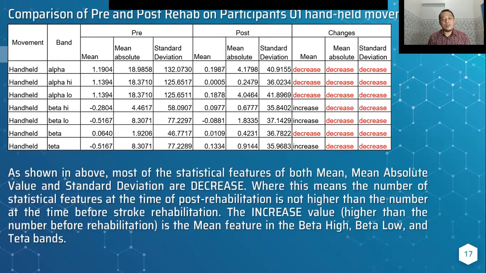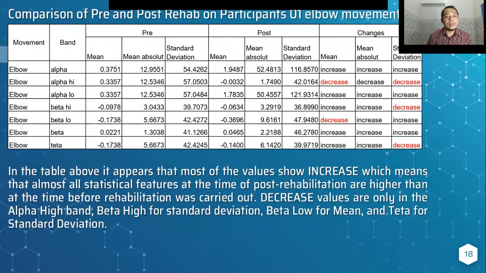The increased values are the mean feature in the beta high, beta low, and theta bands.